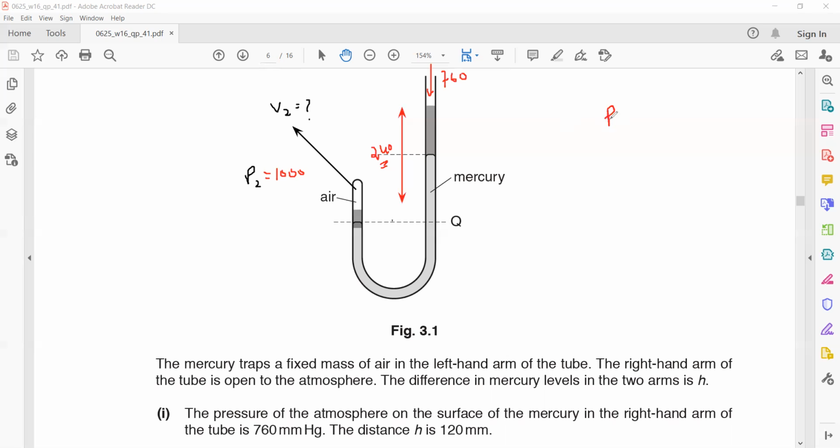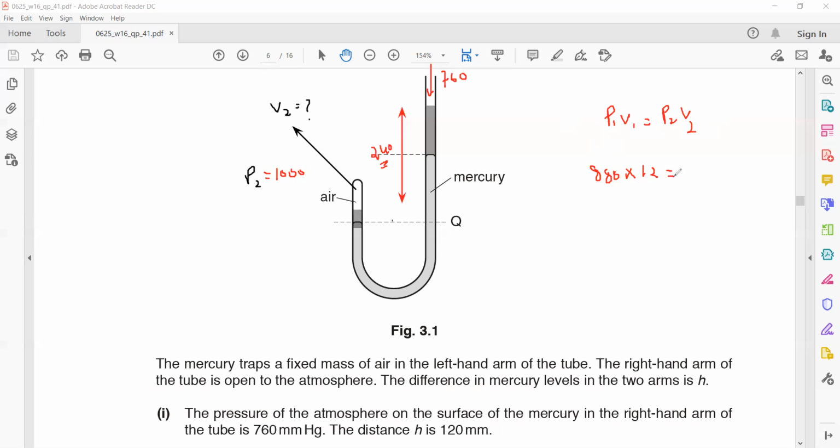When we are finding a relation between pressure and volume of a gas and temperature remains constant, we use Boyle's law, P1 V1 equals P2 V2. Initially the pressure was 880, the volume of the trapped air was 12.